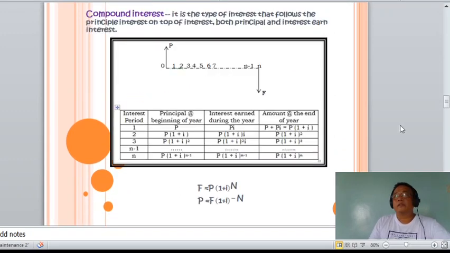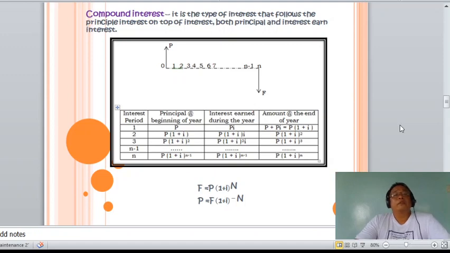So next, we are going to discuss compound interest. This compound interest is quite different from the previous kind of interest, which is the simple interest.